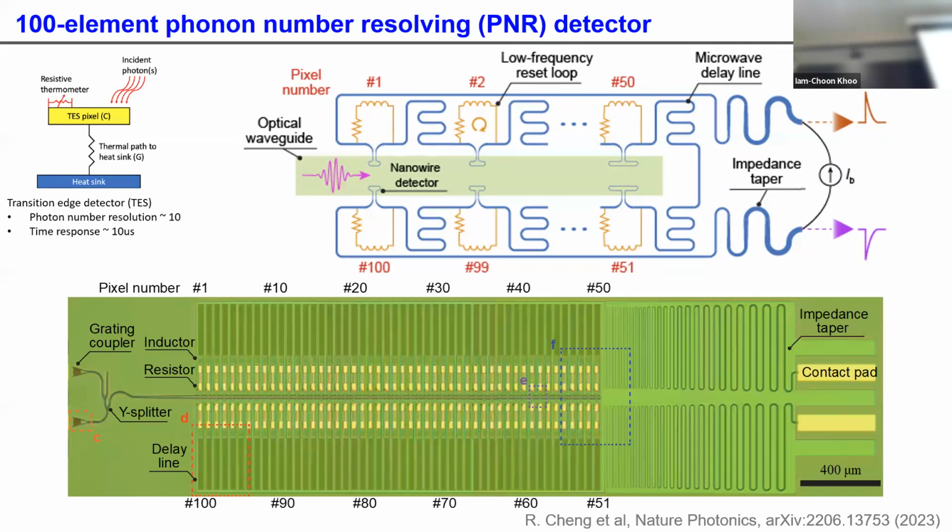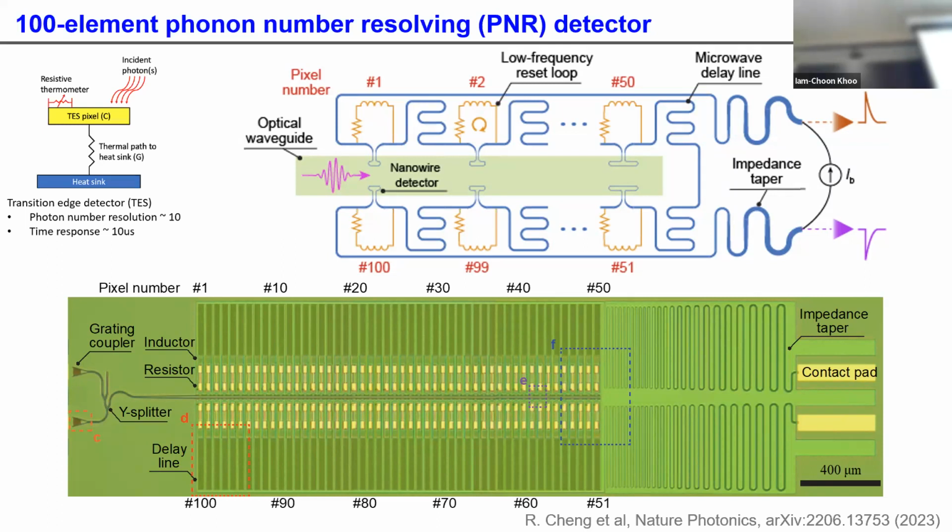Each of these sections is designed to absorb 1% of the light. If one of the photons lands on a detector, it sends 2 pulses through this transmission line. These 2 pulses propagate in opposite directions.